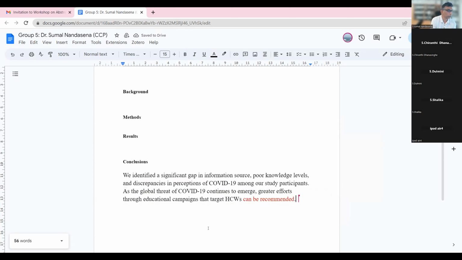Now see, the number of words would have reduced. If you highlight, it will give us the number of words for the entire conclusion section. Great efforts to education campaign.